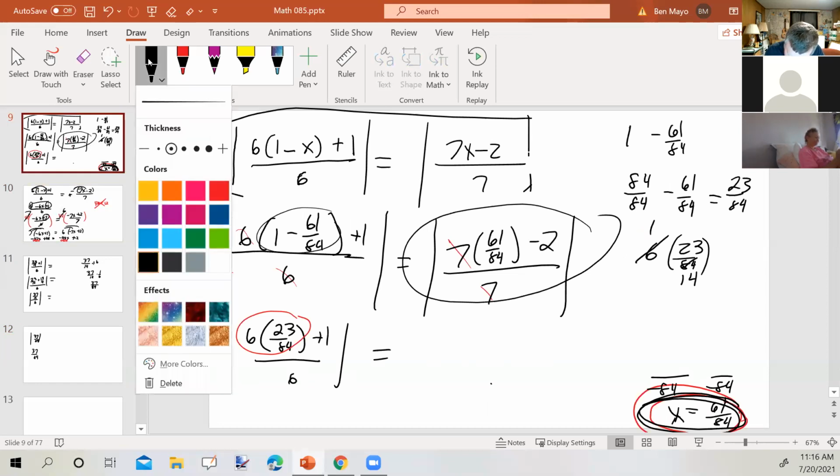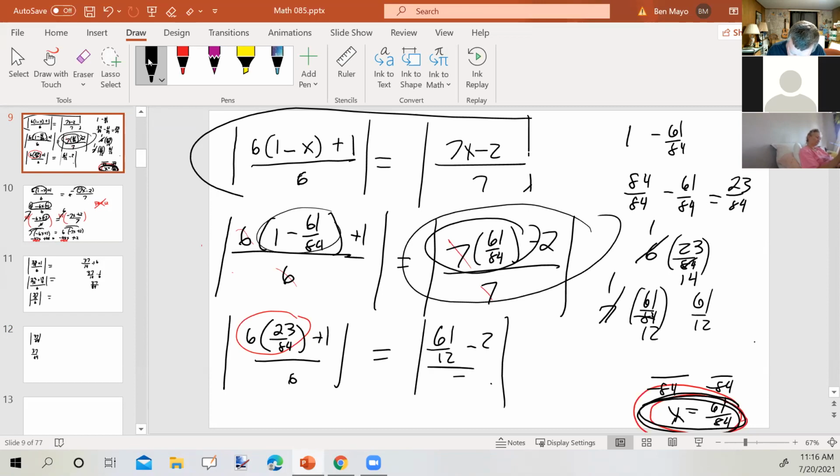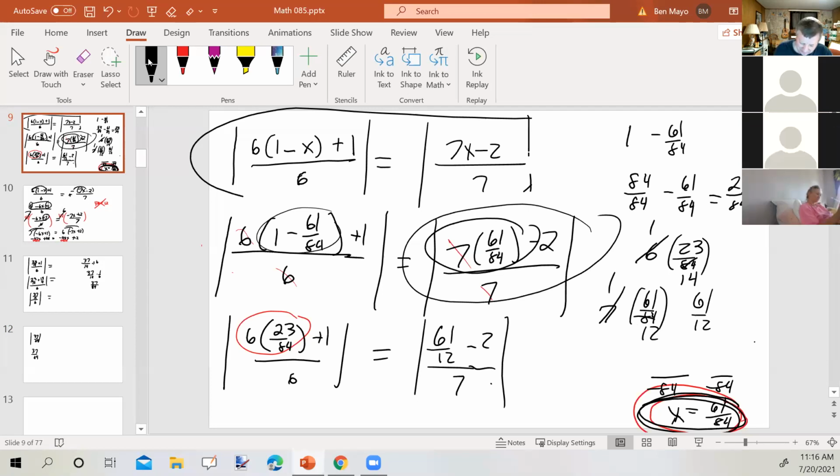Okay. So I'm going to take this thing, 7 times 61 over 84. 7 goes into 84 12 times. So this becomes 1 over 12. So I've got 61 over 12 minus 2. So 61 over 12 minus 2 all over 7. Okay. Still with me? All right.